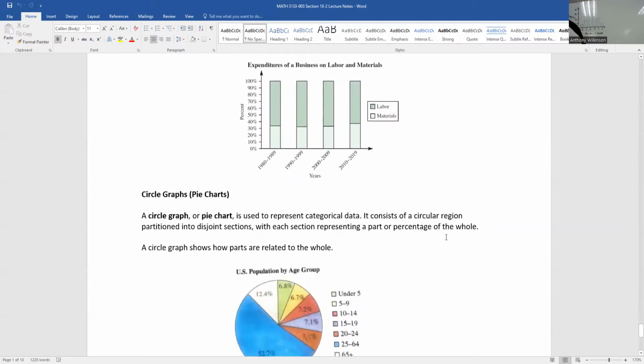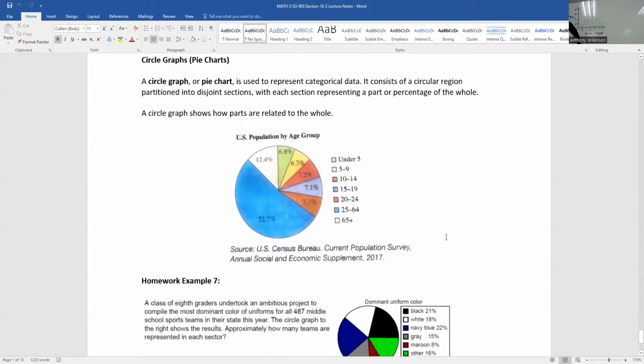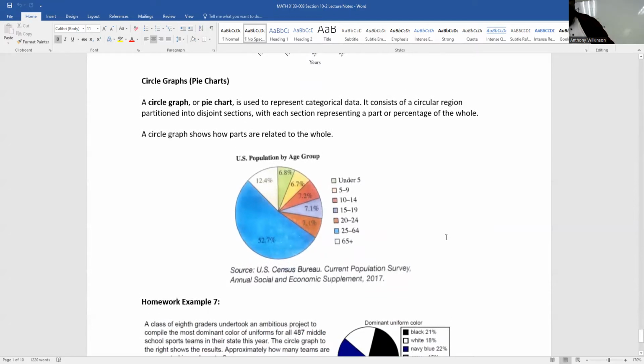And then finally, you have what they call the circle graph, which is called the pie chart. It's used to represent categorical data, and it consists of a circular region partitioned into disjoint sections, with each section representing a part or percentage of the whole. So here you can see how those parts are related to the whole. This is an example of the US population by age group, according to the US Census Bureau back in 2017.